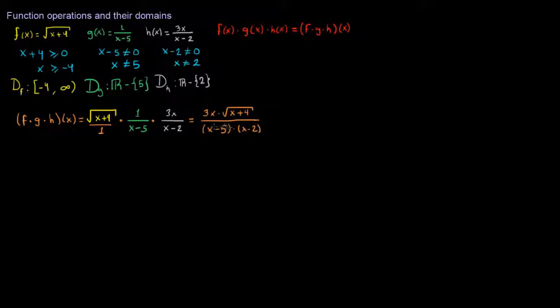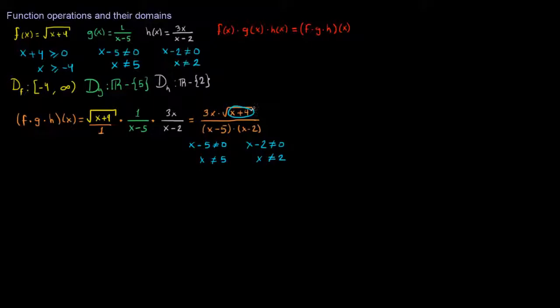We have to take each factor in the denominator, this one and this one, and make them different from 0. So x will be different from 5. In this case, x minus 2 different from 0, and here x different from 2. Now I should do the same with the root.